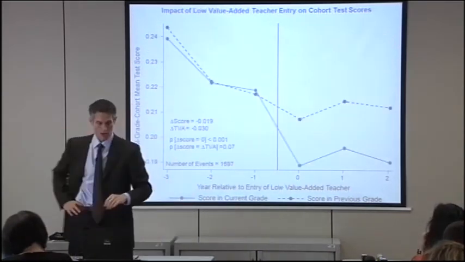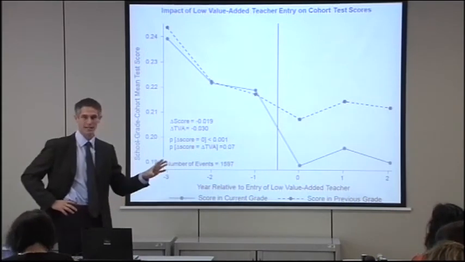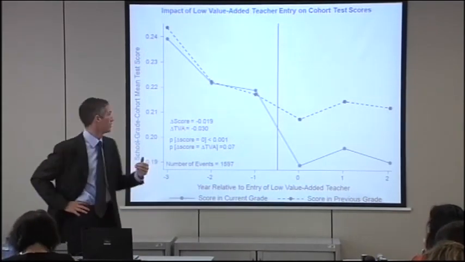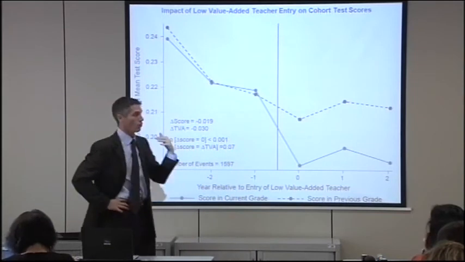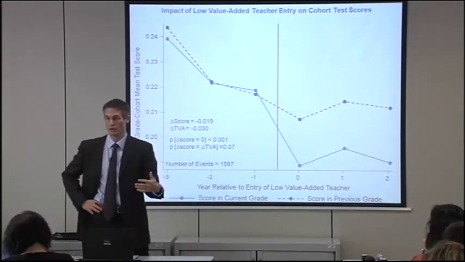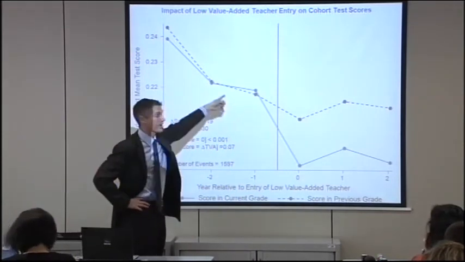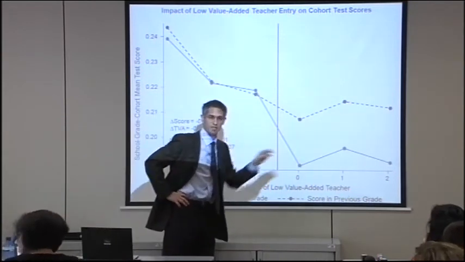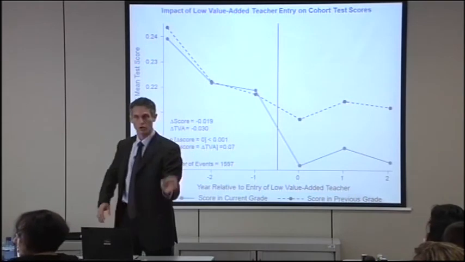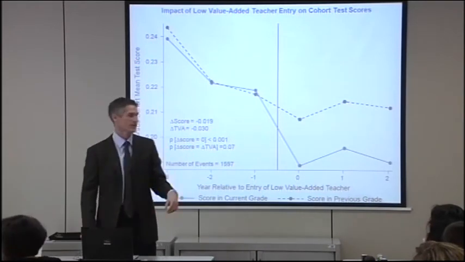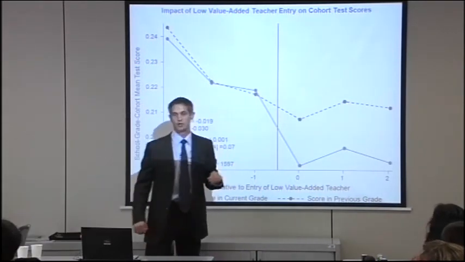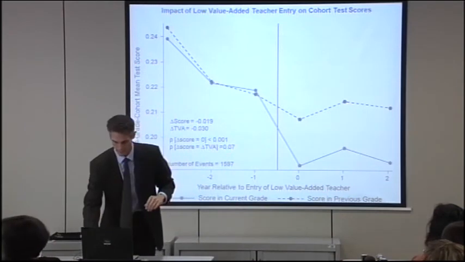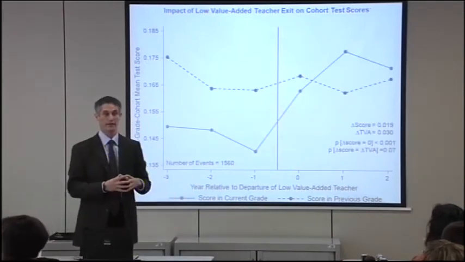This is a bad teacher, according to our metrics, showing up. A low value-added teacher. Where do these bad teachers go? They go to schools that are already having problems, but when they show up, the test scores in the grade they go to go way down, whereas the test scores in the other grades don't. This is a bad teacher leaving.